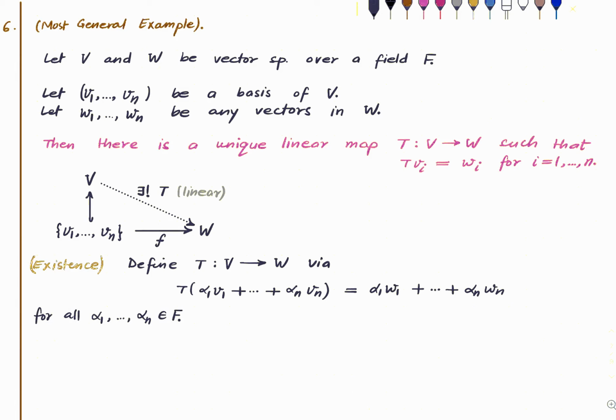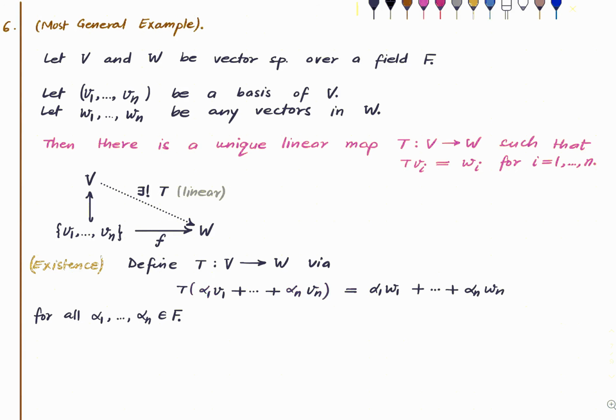This is how we define the map, but there is a problem. I mean, there is no problem, but one should note that we need to show the well-definedness of this map. Now, since v_1 up to v_n is a basis, for any vector v, there exist unique scalars alpha_1 up to alpha_n such that this is equal to v. Basically, we are choosing a representation of v in terms of the chosen basis, and using that representation, we are defining our map.